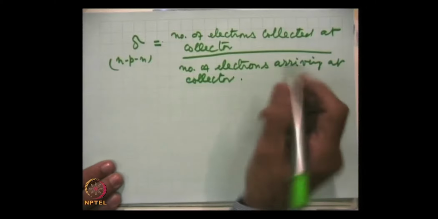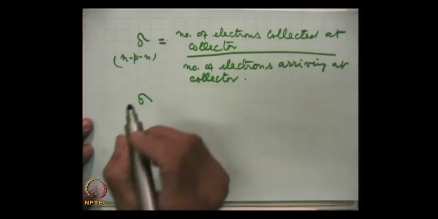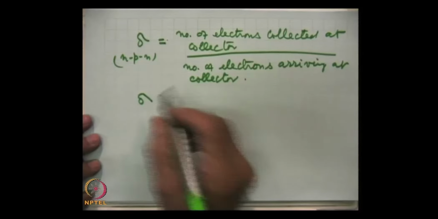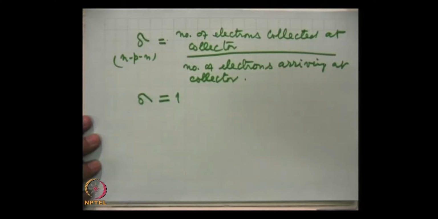In almost all well designed transistors, this collector efficiency is very close to 1, it is equal to 1.